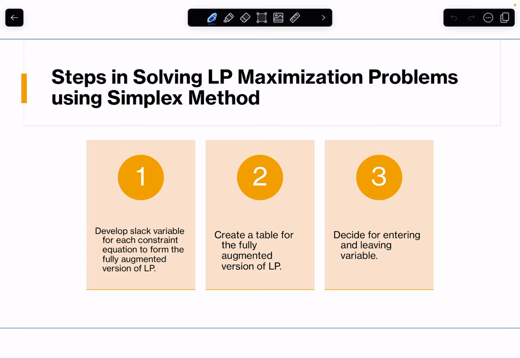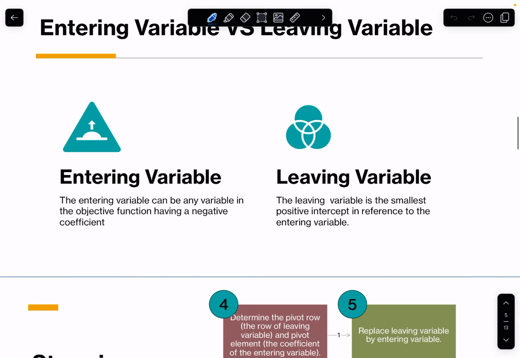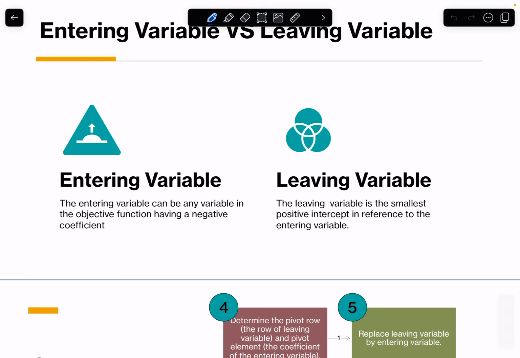We create a table by getting the coefficients of all the variables involved in the LP problem, and then decide for the entering and leaving variable. So take note that the entering variable can be taken from the objective function.